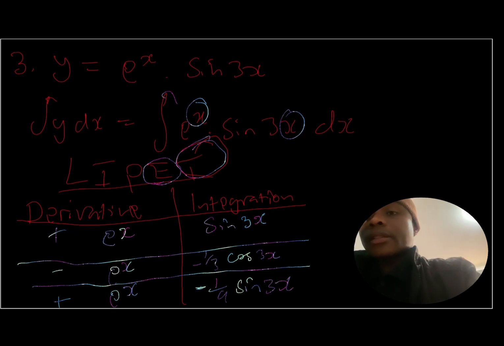The next step here is to cross multiply on the table we have here. The first one is cross multiplied with the second integration, and the second one with the second integration.